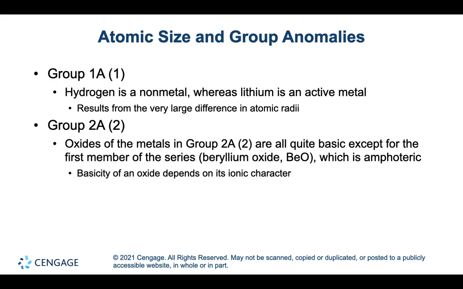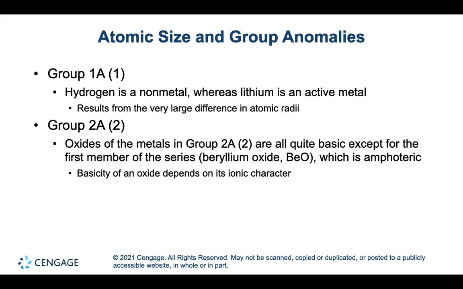We see that with group 2A. The first element in group 2A is beryllium, and beryllium oxide, being a metal oxide, you would expect it to be basic. However, it's more amphoteric, which would mean it's kind of in between base and acid.